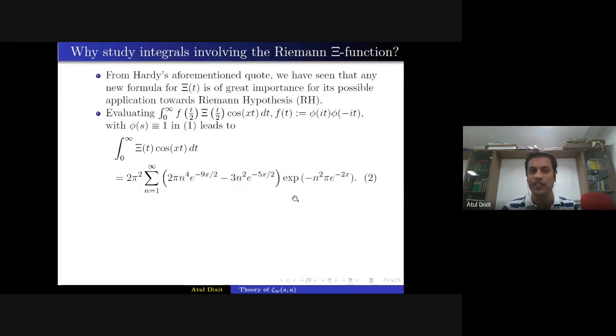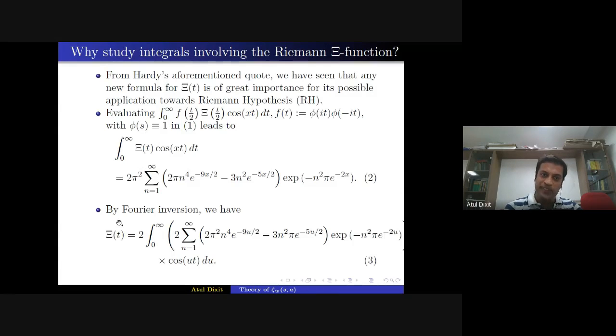One can invoke the theory of Mellin transforms to get to this expression. Note that this is a very rapidly convergent series. Now, if you use Fourier inversion, then you can express Xi of t in terms of the Fourier cosine transform of this particular infinite series.